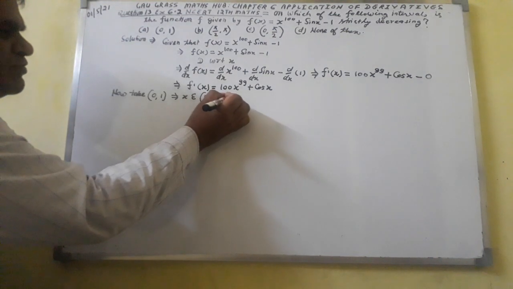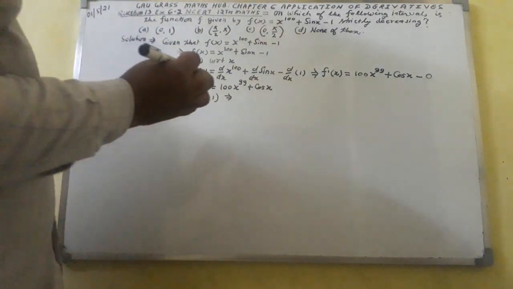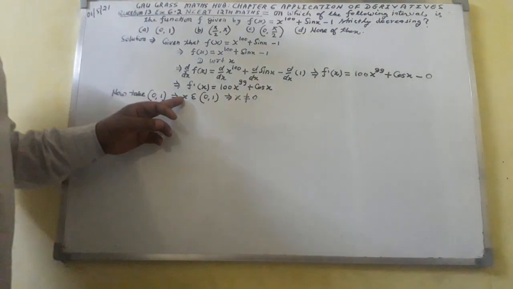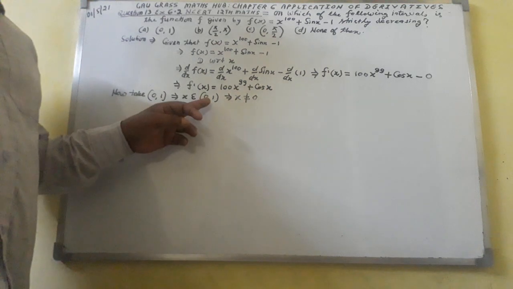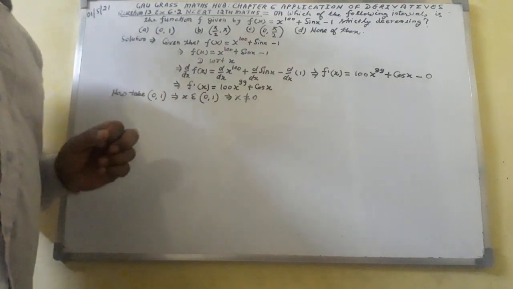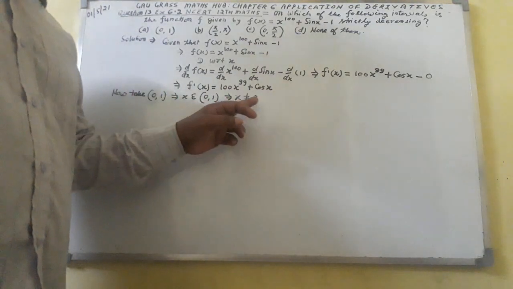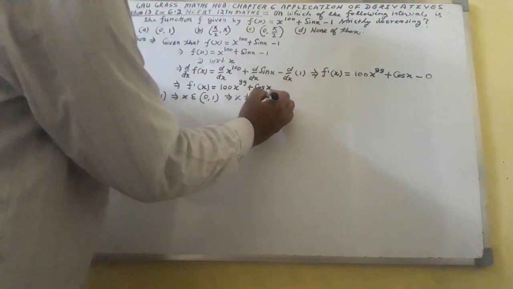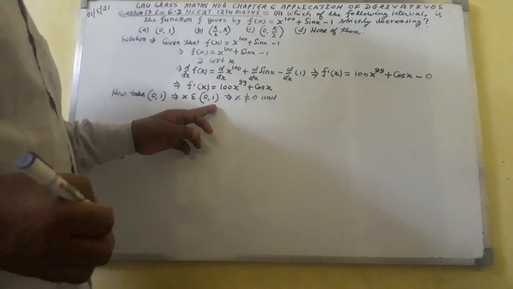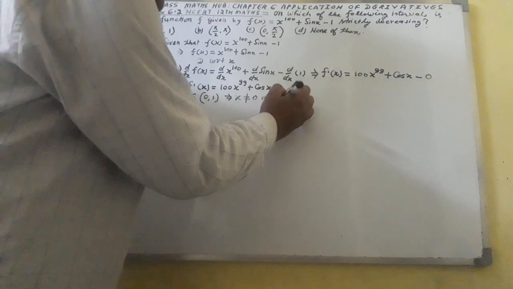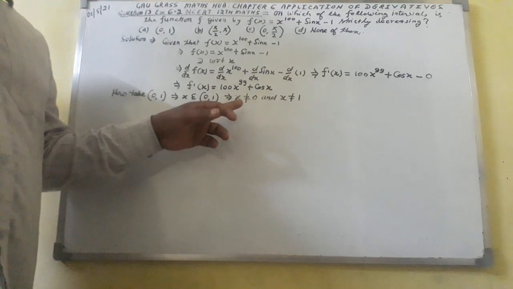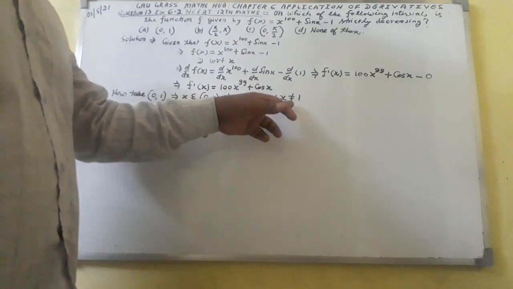Since the interval is open at 0, the value of x will not be equal to 0, and since it is open at 1, the value of x will not be equal to 1. So x is not equal to 0 and x is not equal to 1.